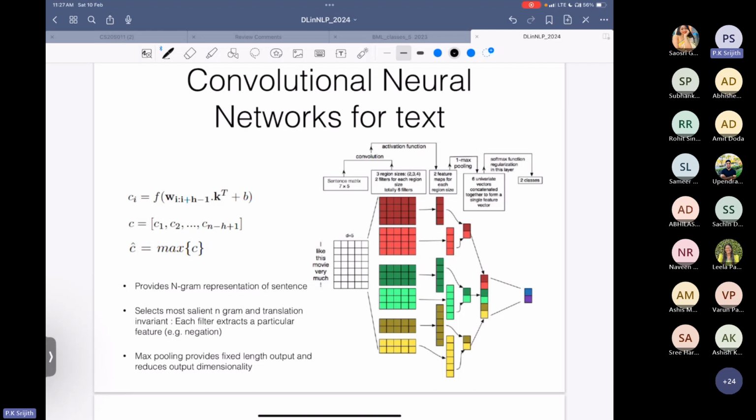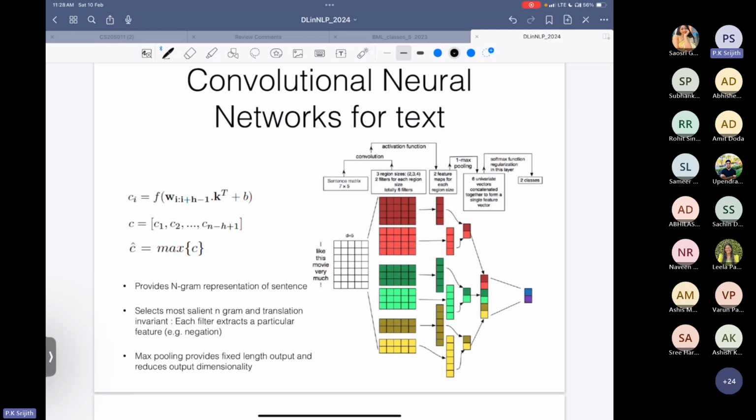And if there are words like boring and slow, etc., then it will give you a cue that it's a kind of a negative sentence. So the idea is, can we use these kind of filters to figure out the presence or absence of certain words in the text, which can help us in solving these kind of classification tasks in NLP?